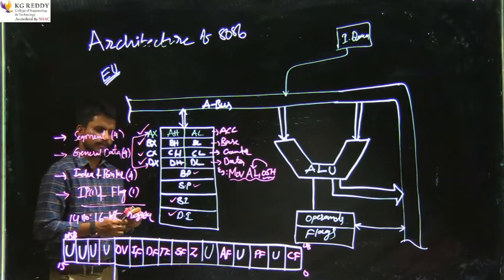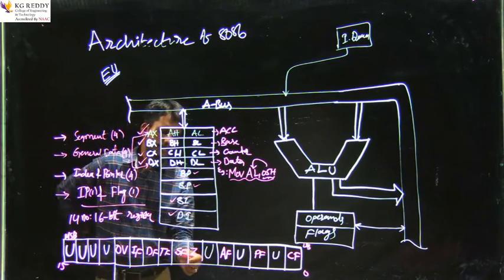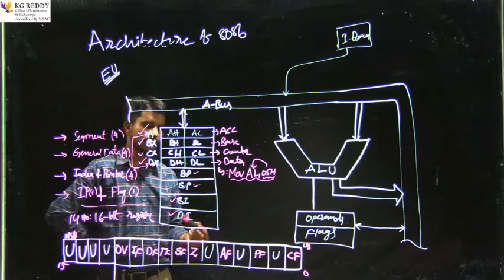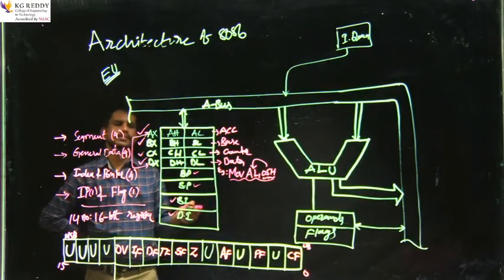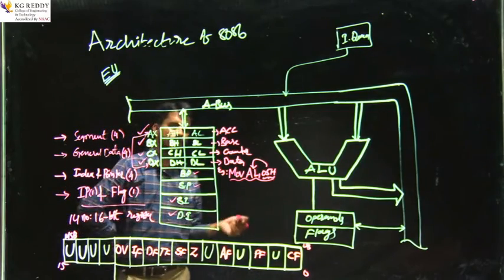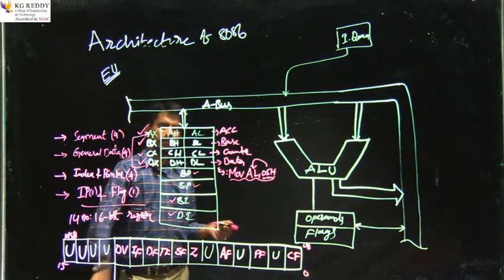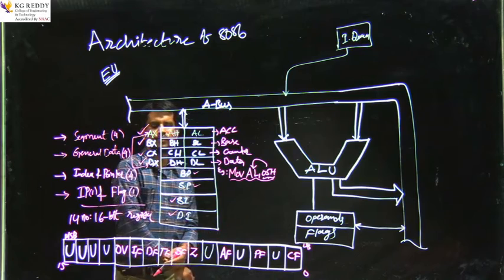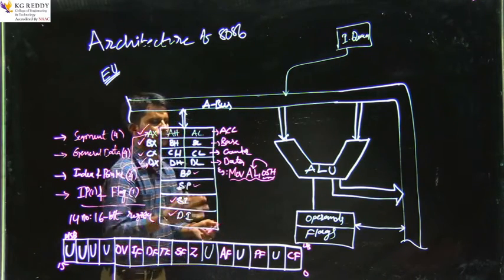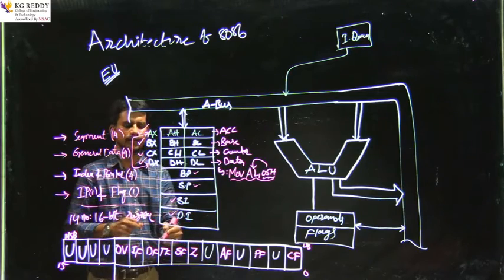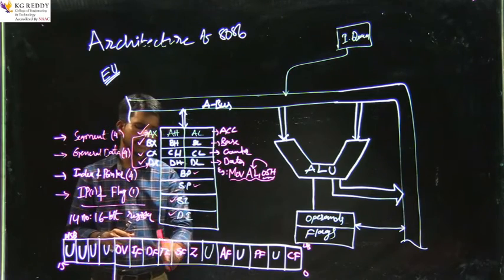Okay, just now I discussed this. The sign flag will be used in signed arithmetical operations, whenever you are dealing with data as negative as well as positive numbers. Then the sign flag is useful to identify whether a number is negative or positive. And the trap flag, this is also called the single step trap.